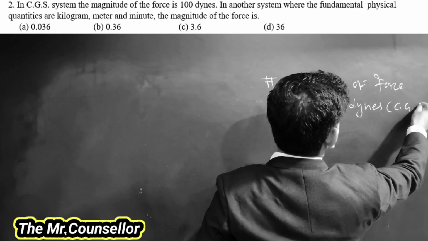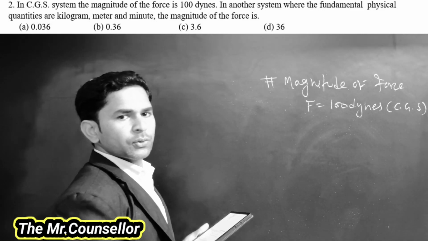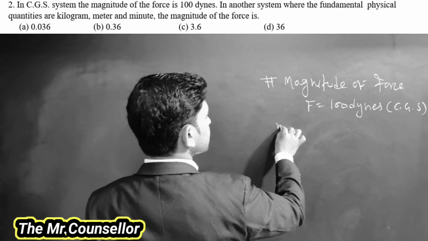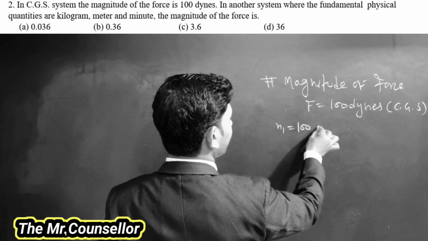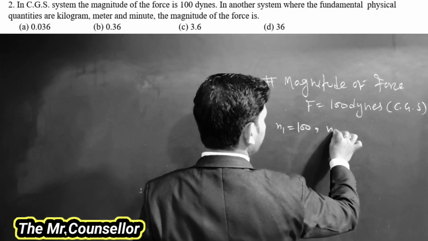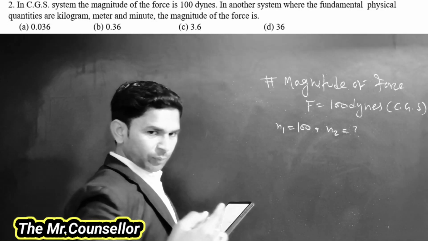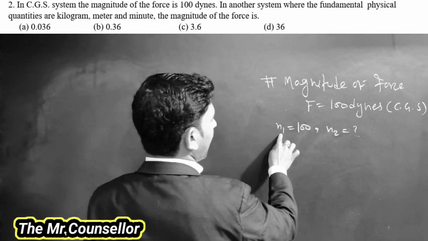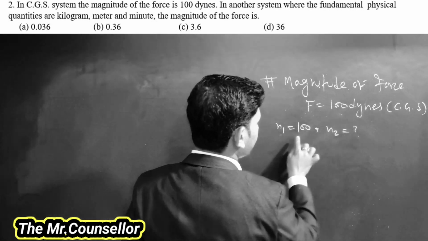In CGS, you know very well, n1 is equal to 100, the given numerical value. n2 we need to find, we will see that later. First we write n1 is equal to 100.